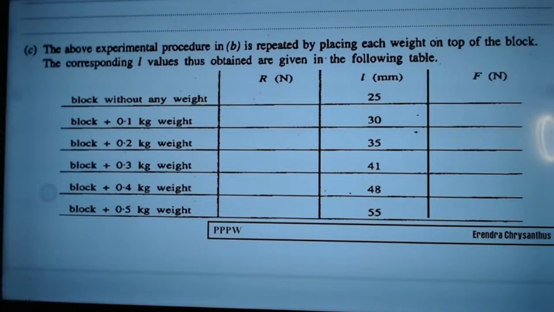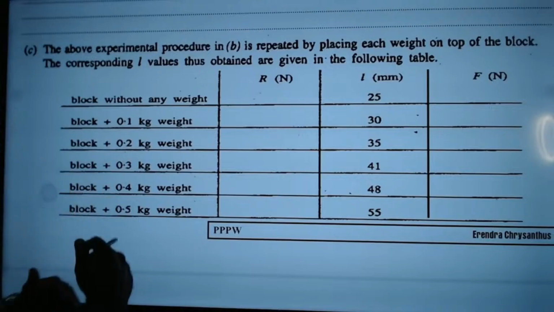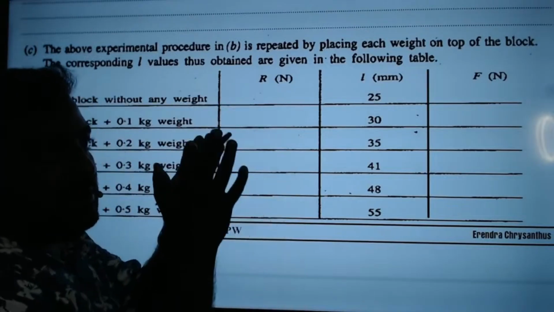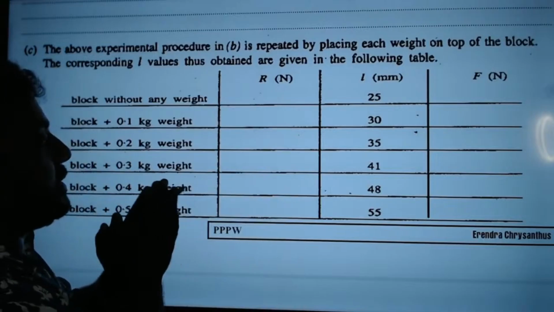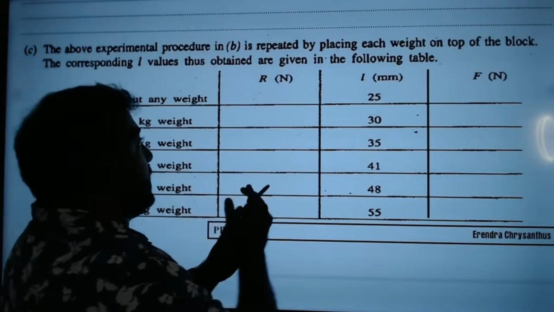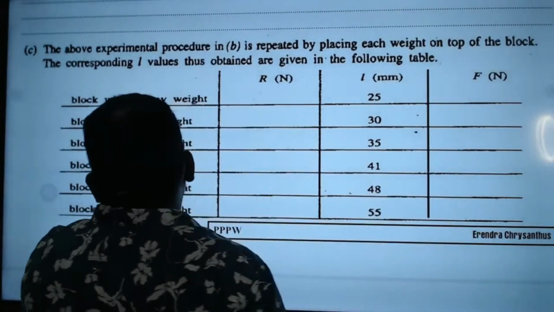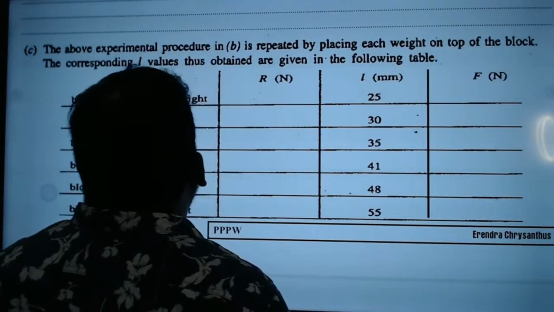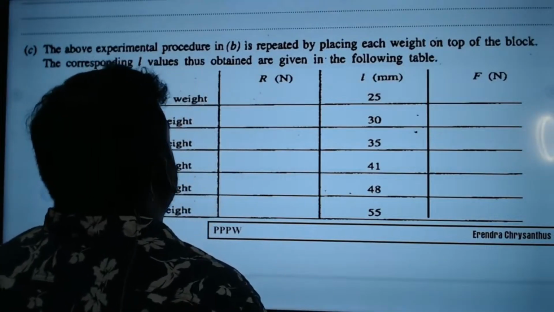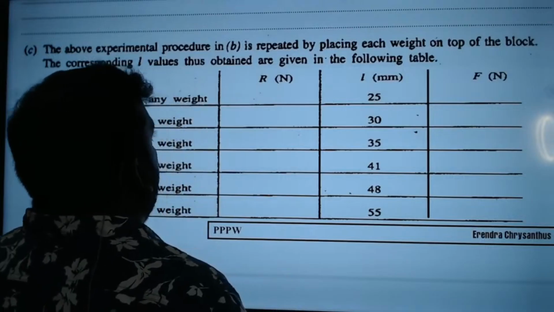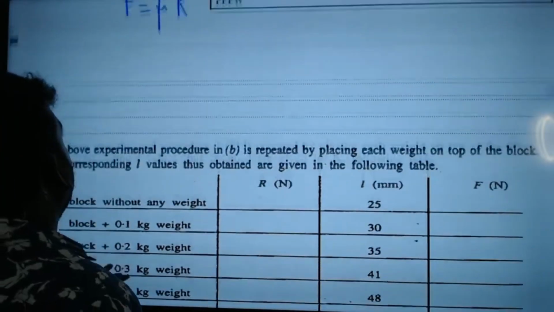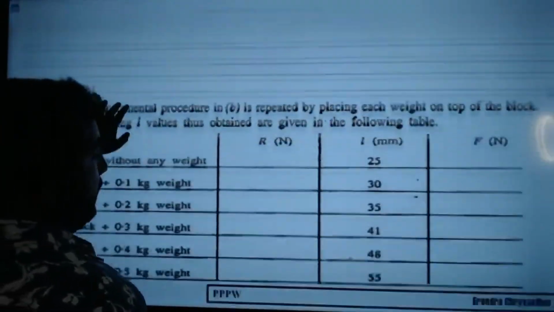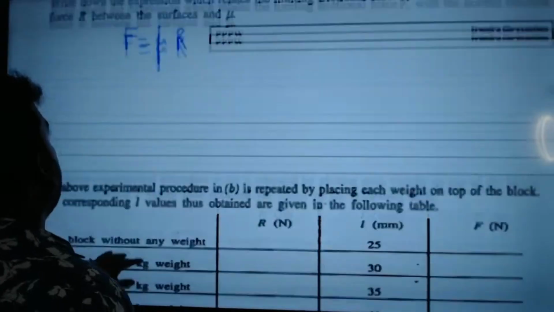The above experimental procedure in B is repeated by placing each weight on top. One weight on top of the other weight means what happens? Normal reaction will increase. Normal reaction will increase means friction force will increase. Right. Now look. Block without any weight, L equal 25 millimeter.